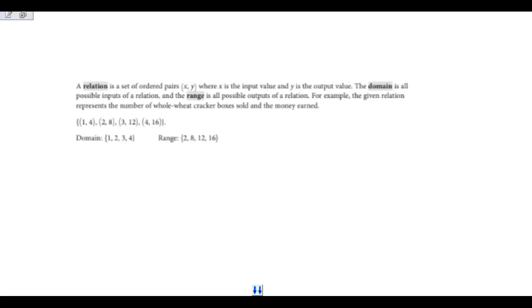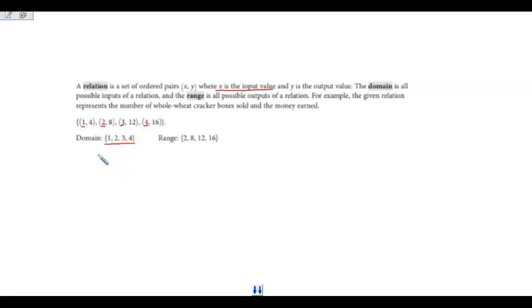of a relation. For example, a given relation represents the number of whole wheat cracker boxes sold and the money earned. And so it comes up with a set of data. We have 1, 4, 2, 8, 3, 12, and 4, 16. Because we have a relation and we know that our input value is our x's, if we just list our x values, 1, 2, 3, and 4, that is our domain.